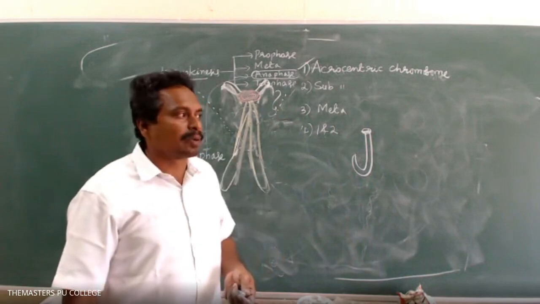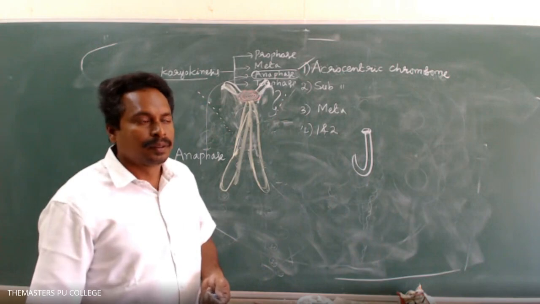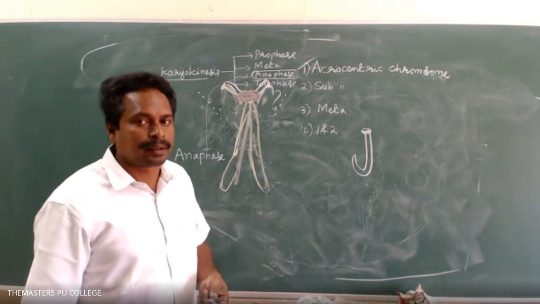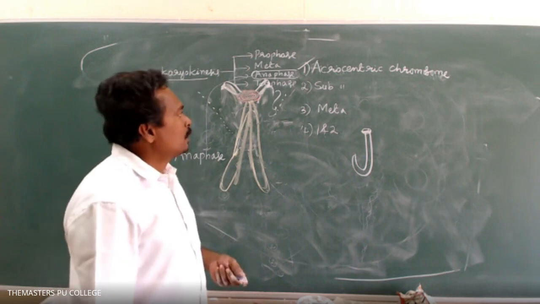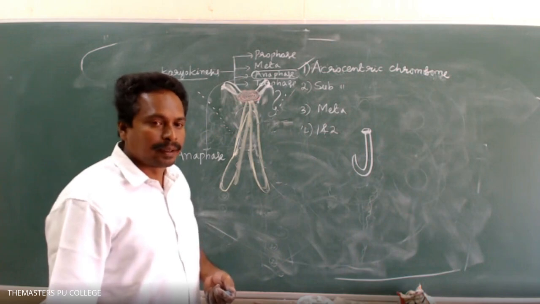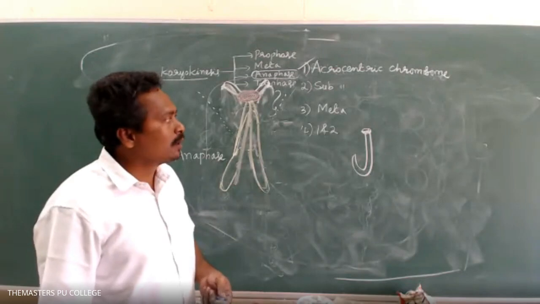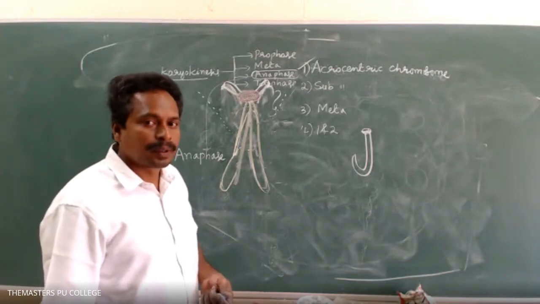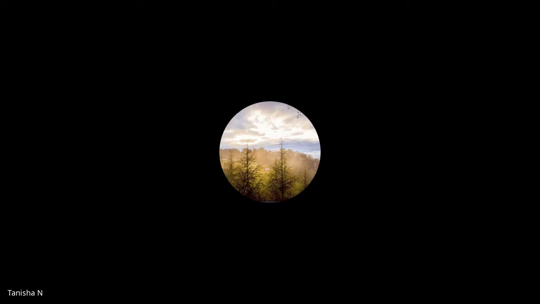What is the shape of the metacentric chromosome during cell division? V shape. Submetacentric, L shape. Acrocentric chromosome, J shape. So the shape of the chromosome varies. Sir, are these shapes formed by spindle fibers?